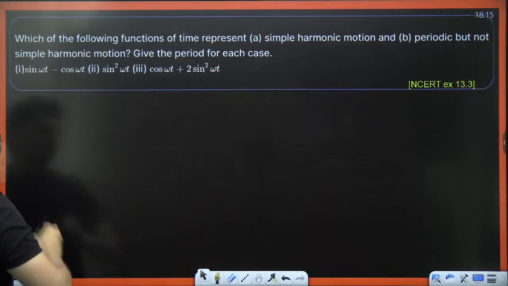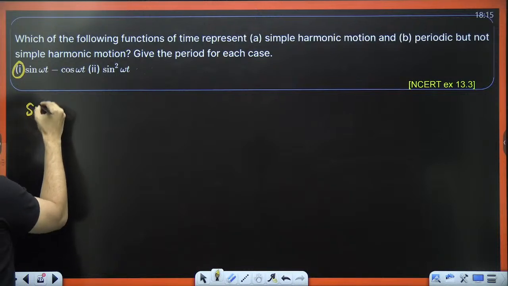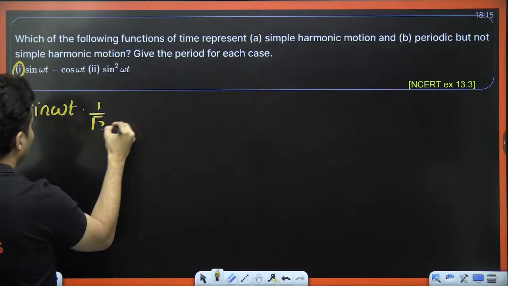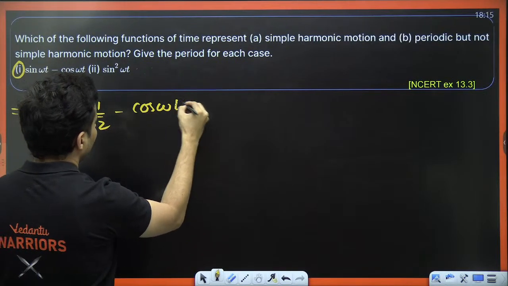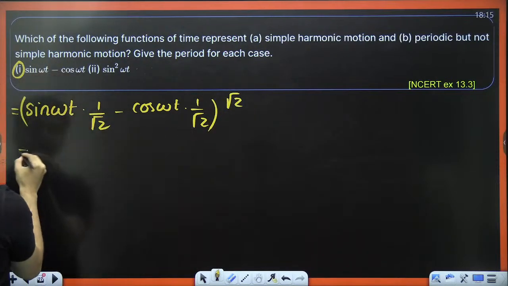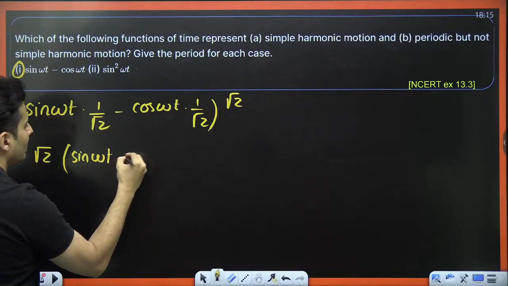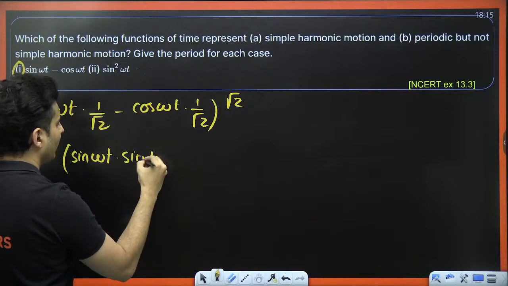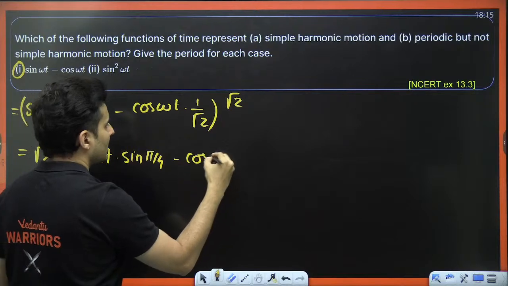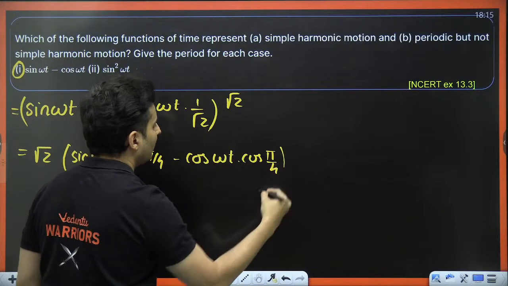If you talk about the first one over here, I can just write it as sine omega t, minus cos omega t. Write 1 by root 2 into root 2, preserving the equality. Just take that root 2 on this side. This will become sine omega t and sine 45, which is sine pi by 4, minus cos omega t, and cos 45, which is cos pi by 4 radian.